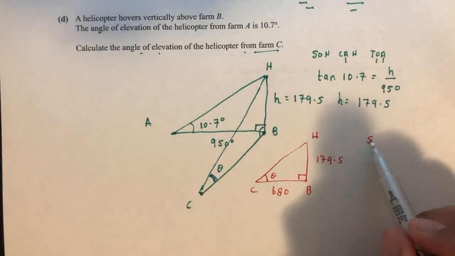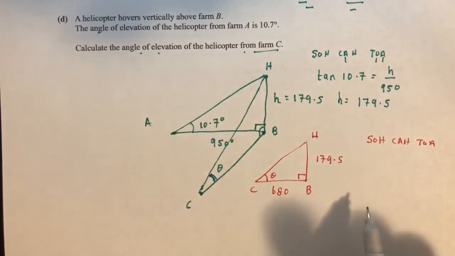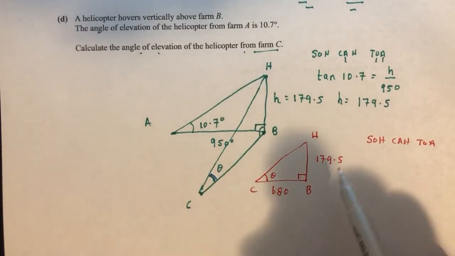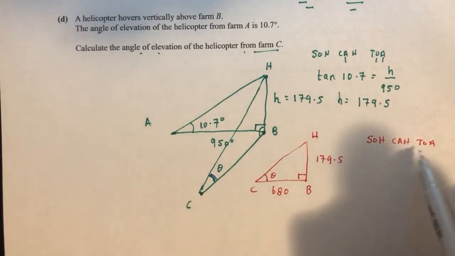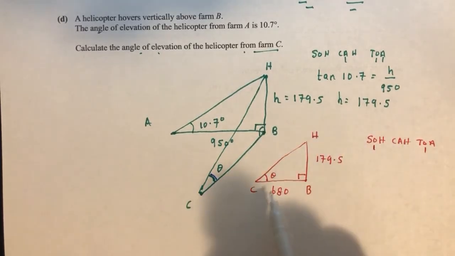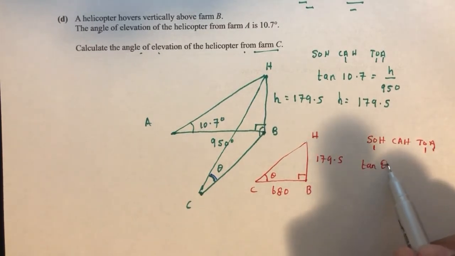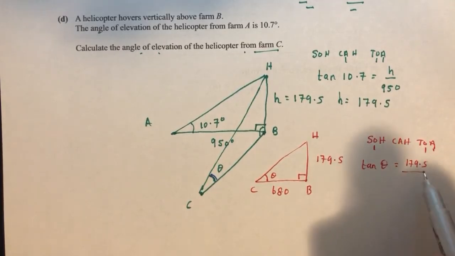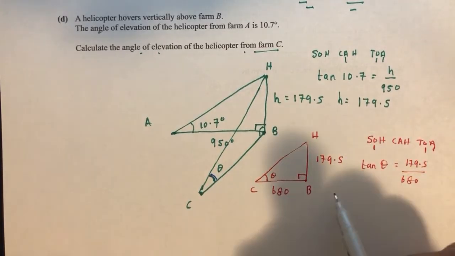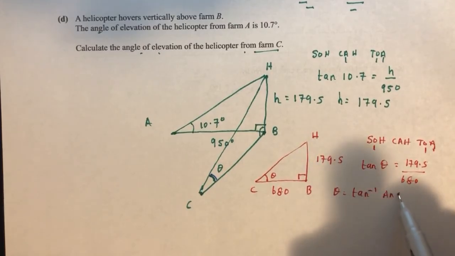So same thing, we use SOHCAHTOA. We want to find this angle. We know this side, which is the opposite side, and this is the adjacent side. So tan theta will be equal to 179.5 divided by 680. So theta will be tan inverse of this answer.